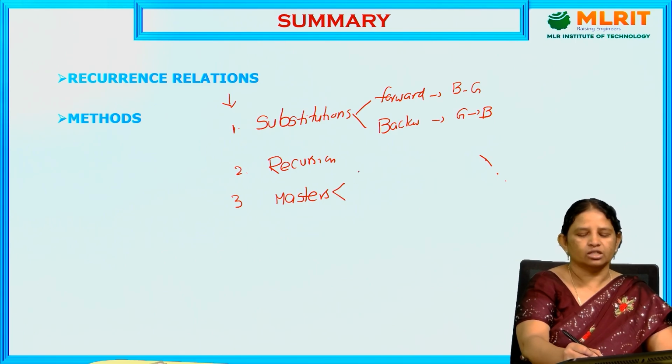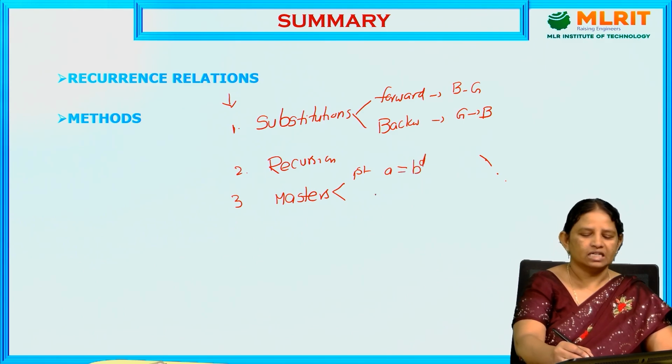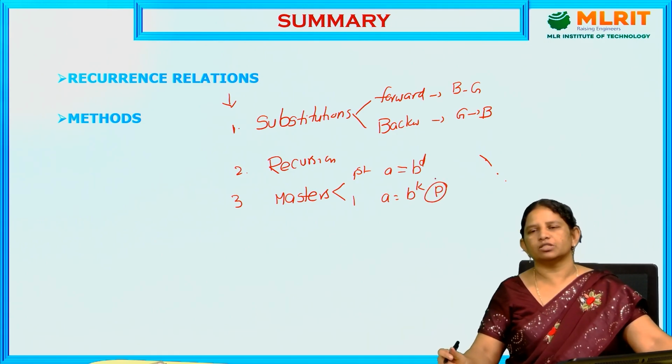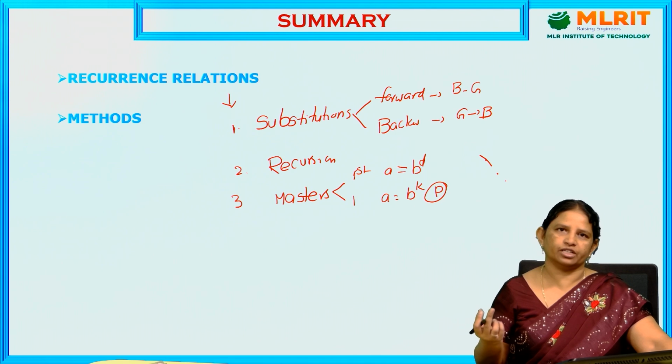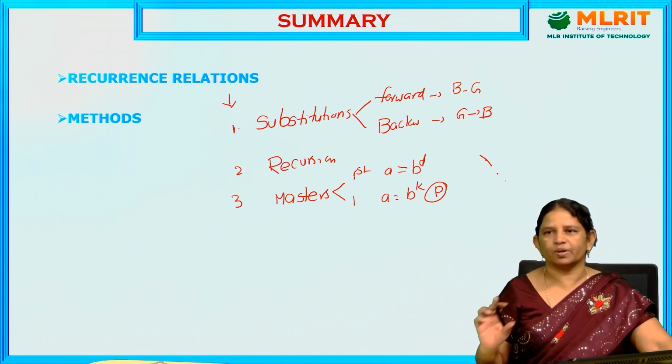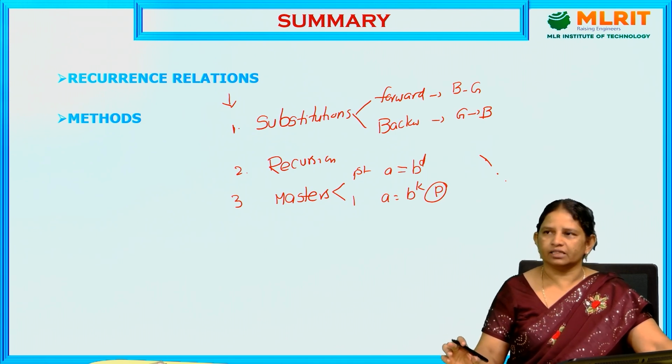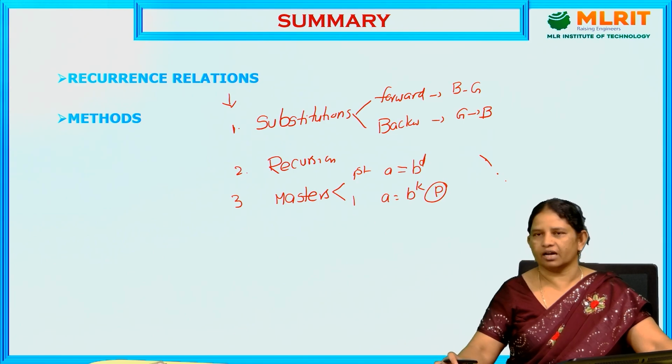The first variation depends upon the a value and b power d value. The second variation uses the a value and b power k along with the constant p also. Based on the p value also, we need to decide whether it belongs to case 1, case 2, case 3. So all these methods are used for finding the time complexity of the recurrence relation.